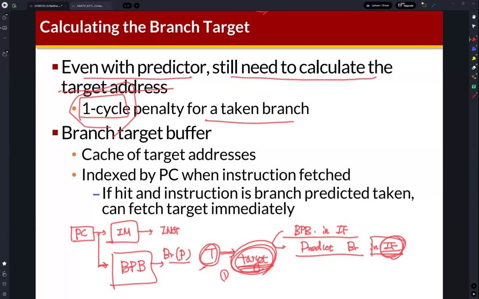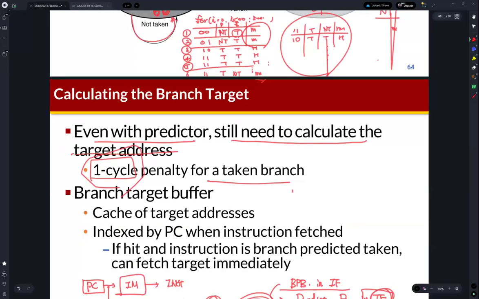How can we handle this problem? We can also predict the target using a branch target buffer. It's called the branch target buffer, BTB. The target of the branch instruction is fixed, right?